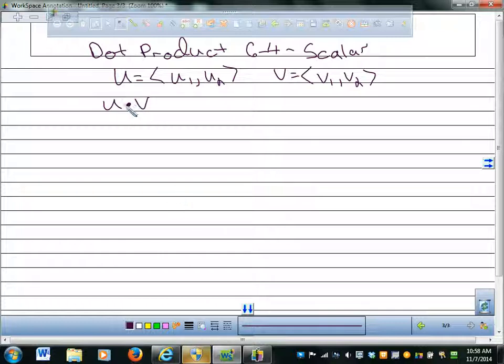So don't write a little teeny dot, write a bigger dot, because that means the dot product, which means something different than multiplication. But it's almost like multiplication. What this is equal to is u1 times v1 plus u2 times v2.